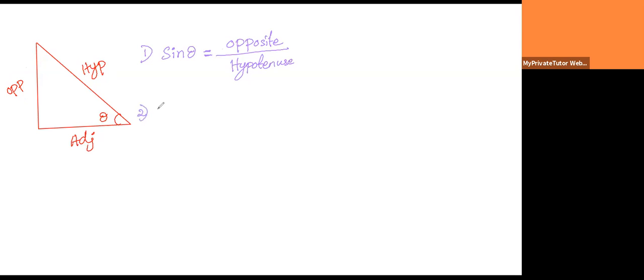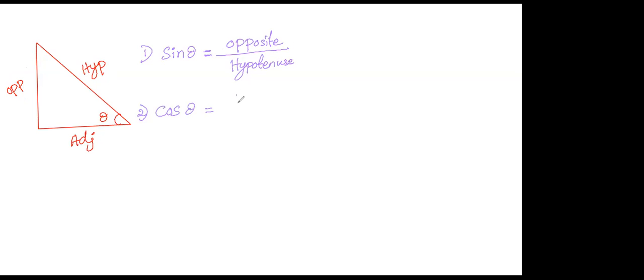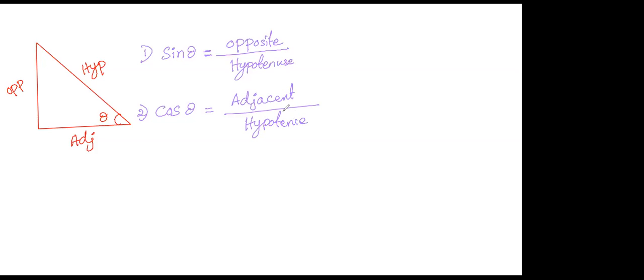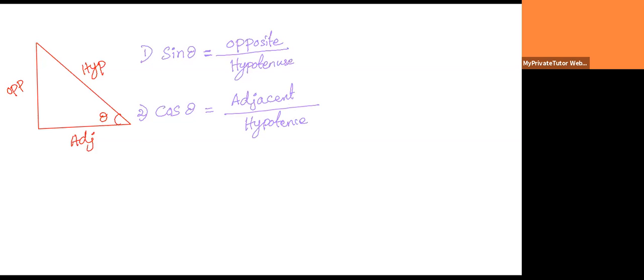The second one is cos theta, which is adjacent over hypotenuse, adjacent side divided by the hypotenuse side. So please try to remember these two. The last one is tan theta, which is equal to opposite over hypotenuse. No, sorry, opposite over adjacent. If you're able to remember these, you can find the other ratios easily.